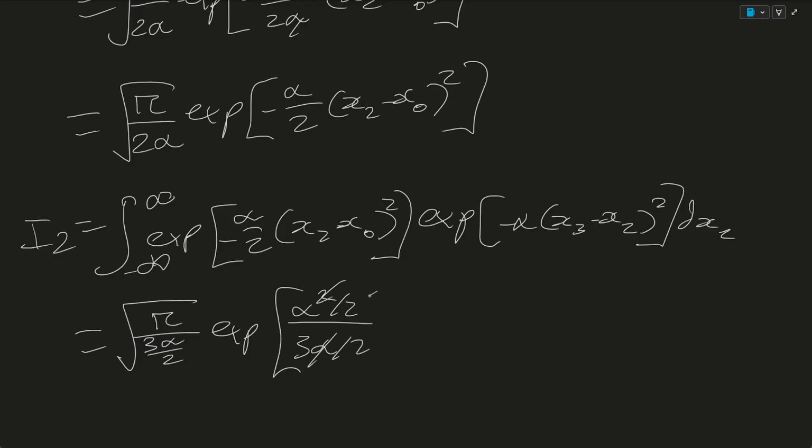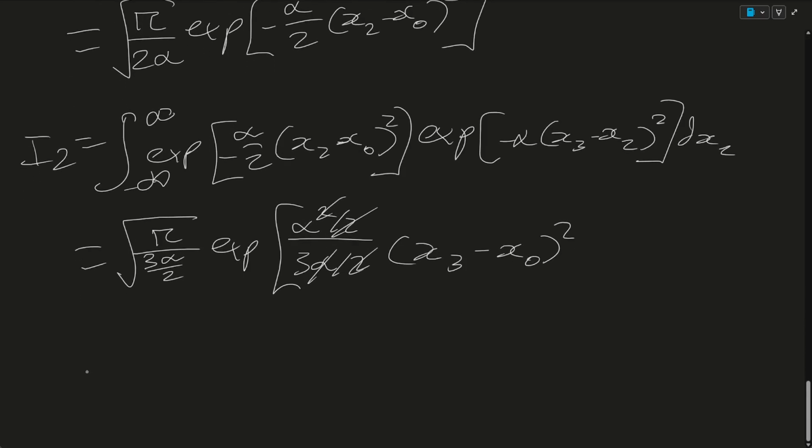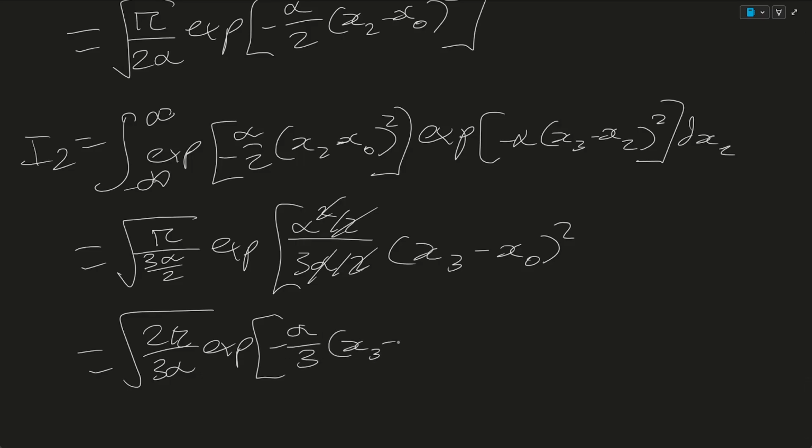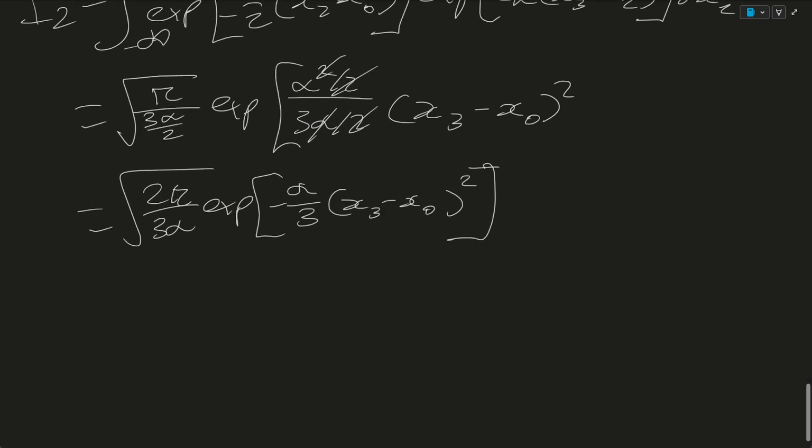That cancels. (x3 minus x0) squared, and this is just the square root of 2 pi over 3 alpha, exponent of minus alpha. Nice, very cool.